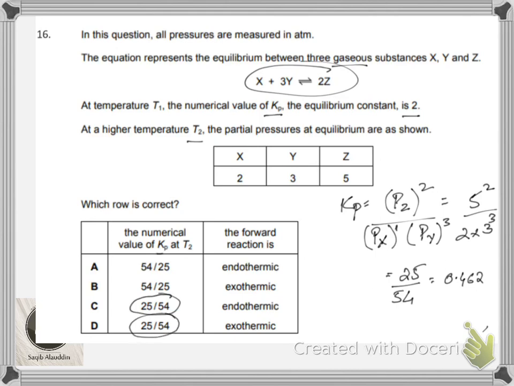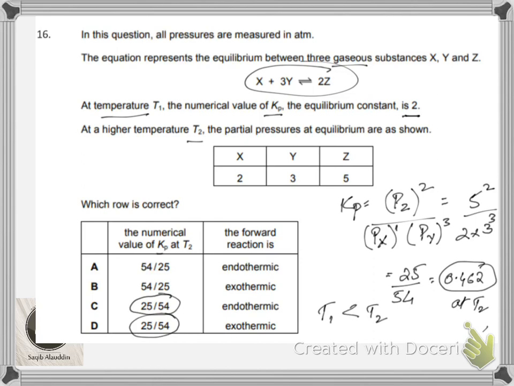Okay, also remember at T2, this is the value of Kp at T2, which is lower than the value of Kp at T1. Remember, it says at temperature T1 the value was 2, and at a higher temperature, so remember T1 and T2.